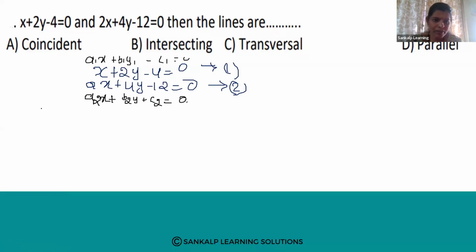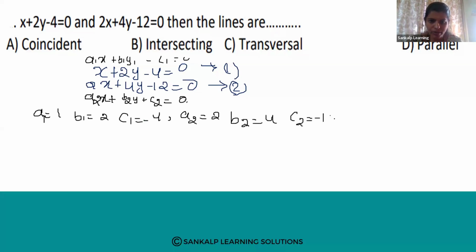So what is the value of a1? A1 is 1 and b1 is 2 and c1 is minus 4. A2 is 2 and b2 is 4 and c2 is minus 12. I am explaining slowly here, but in the examination you have to do it fast.